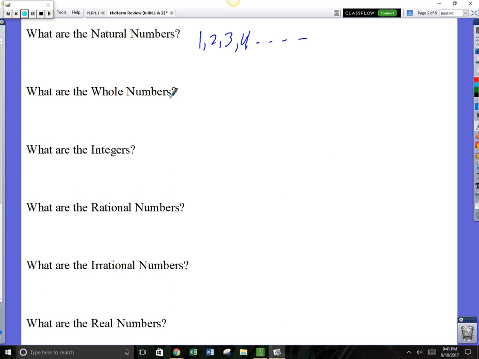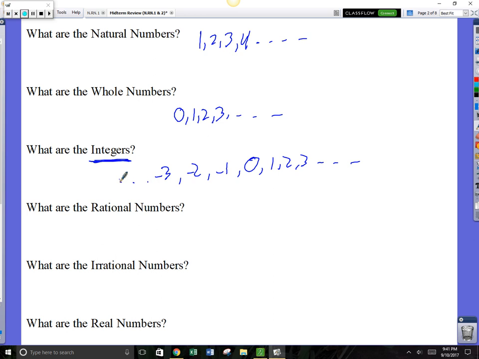The whole numbers include all the naturals, but they start with 0. So 0, 1, 2, 3, dot, dot, dot. The integers include all the wholes, which include all the naturals. So they go 0, 1, 2, 3, but then they introduce negatives. Negative 1, negative 2, negative 3, all the way to negative infinity.